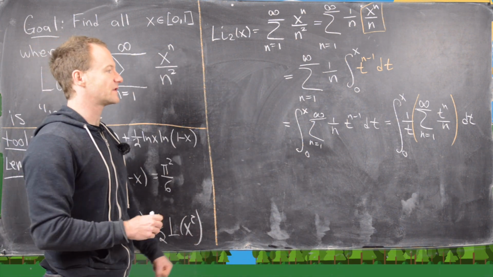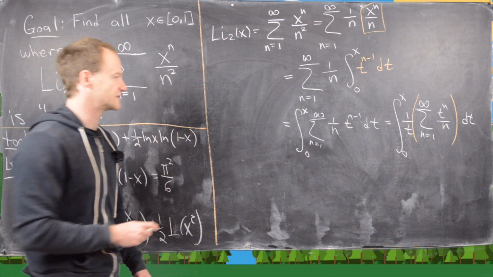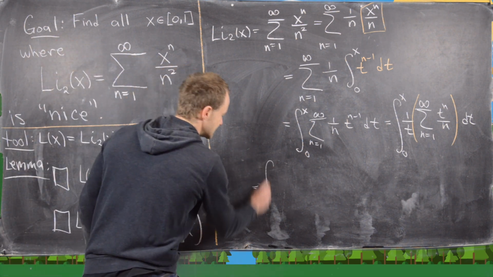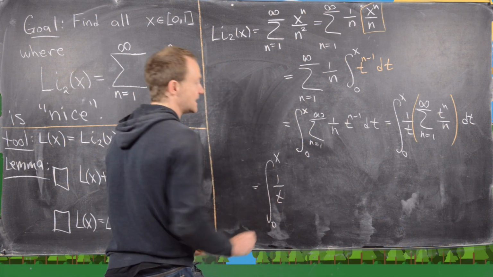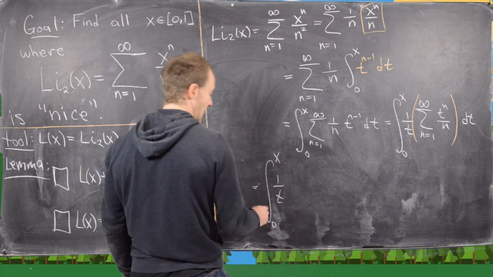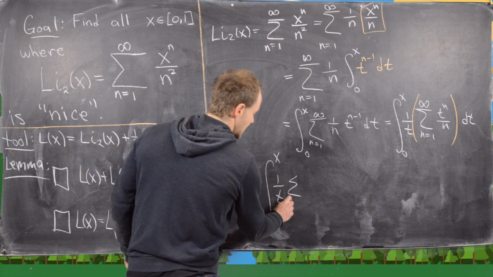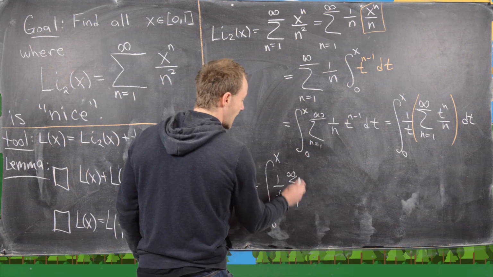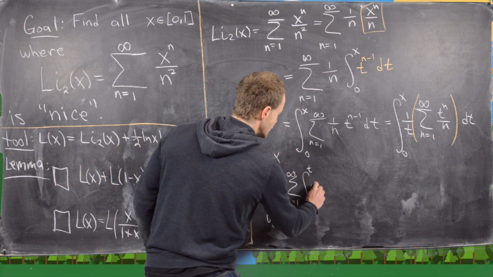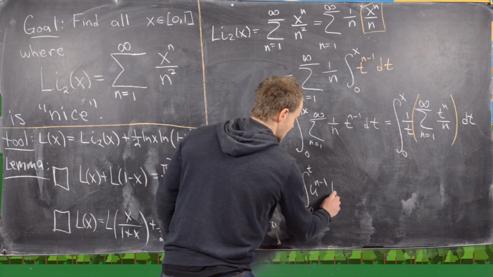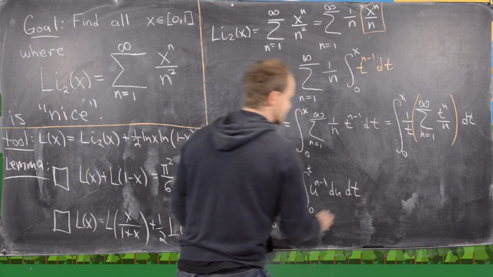And we can do the same thing again. Notice that sum in parentheses can be written as another integral. So this is equal to the integral from 0 to x of 1 over t, and then that thing can be written as the sum n equals 1 to infinity of the integral from 0 to t of u to the n minus 1, and now we have du dt.